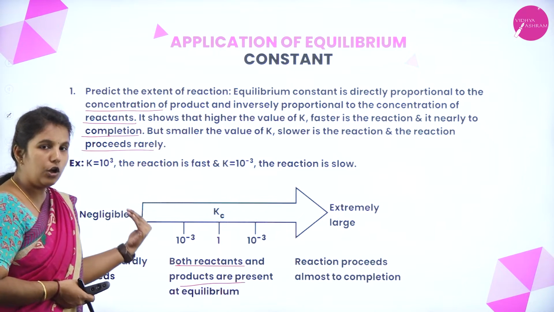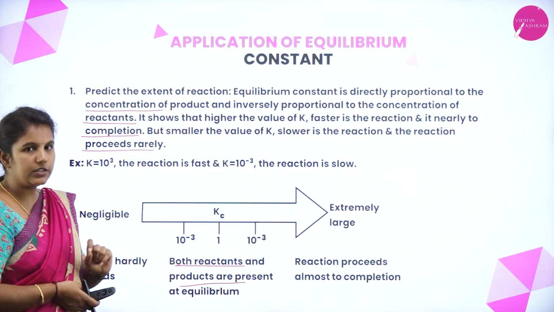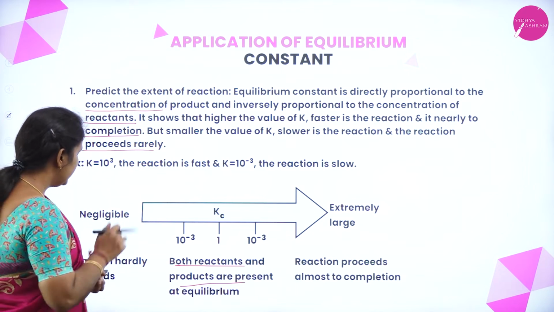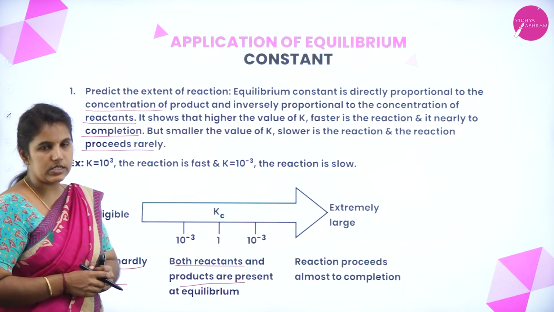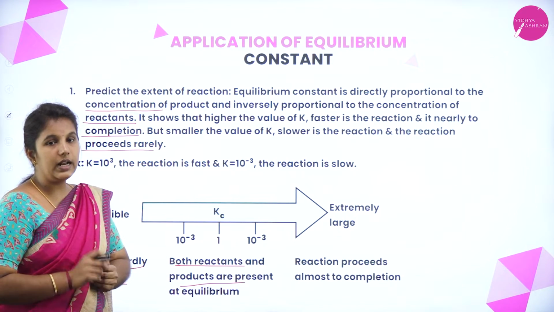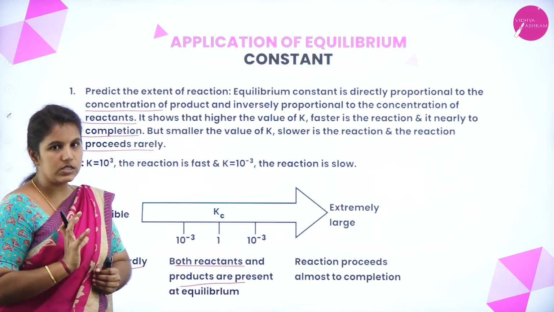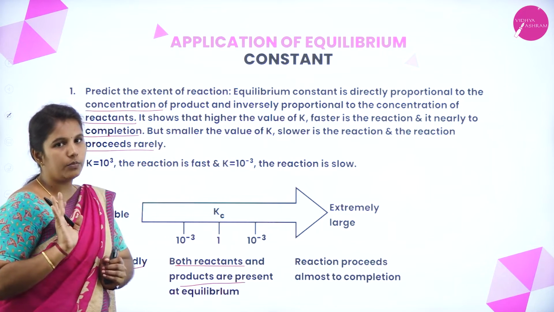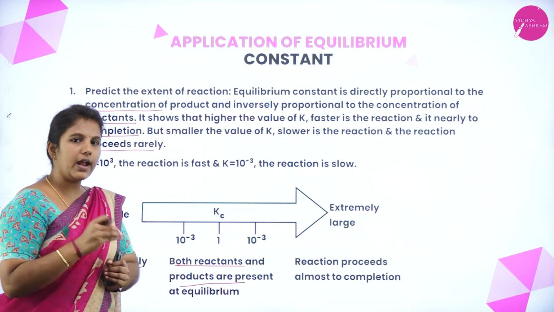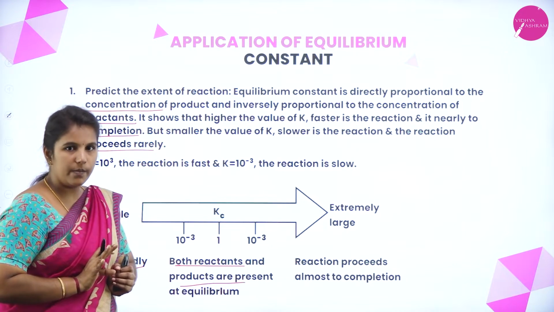If it is below 1, that is 10 to the power of minus 3, this indicates that the reaction hardly proceeds, in the sense that either the reactants are not completely converted into product or some of the reactants are already forming a product.